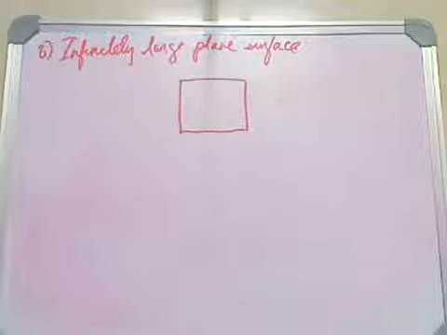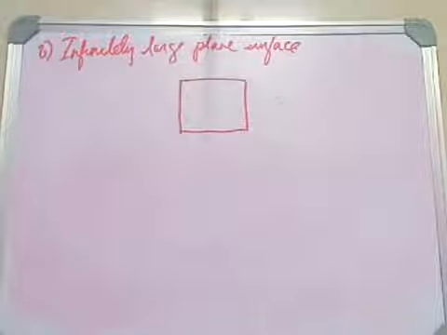So imagine something which is infinitely large. Now, if you are a bit of a realist, an object which is infinitely large would be the universe itself. Considering it's ever expanding, that's the best example that I could say that fits something which is infinitely large, which is an infinitely large plane surface.